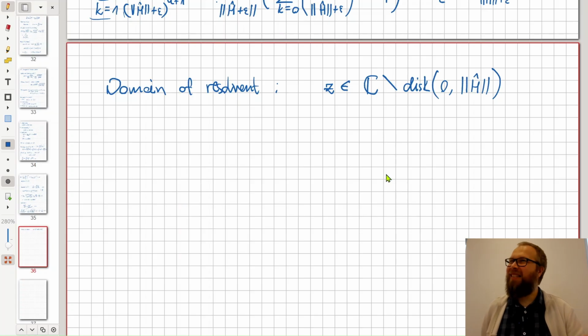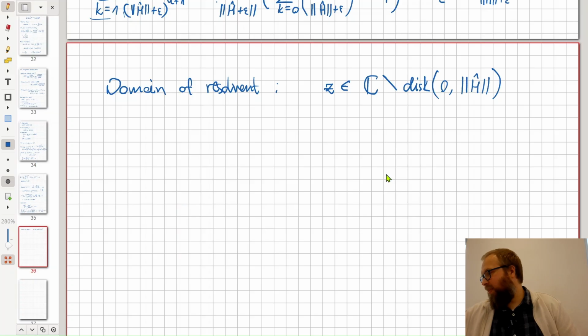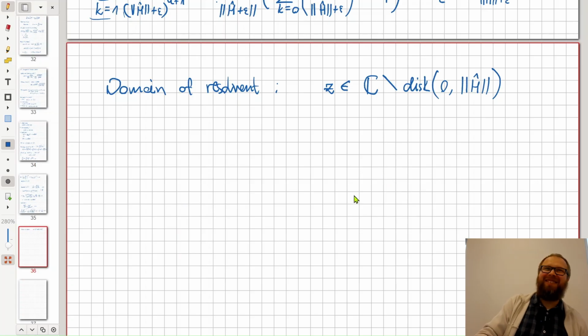But yeah, we don't have to worry about this stuff. And so that was fun, at least for me. I don't know if it was fun for you. But now we can move to actual things, actual perturbation theories, eventually.